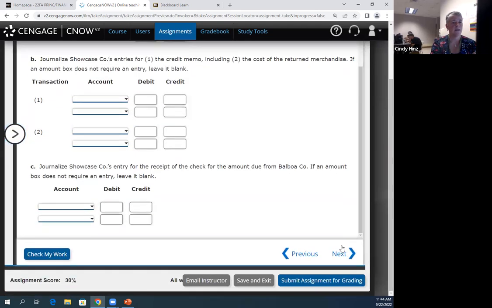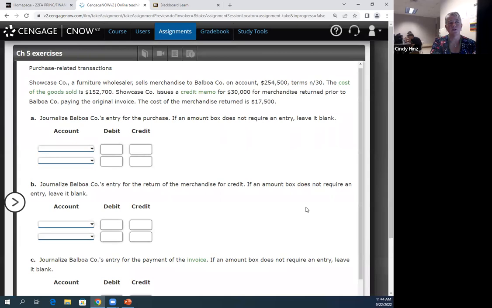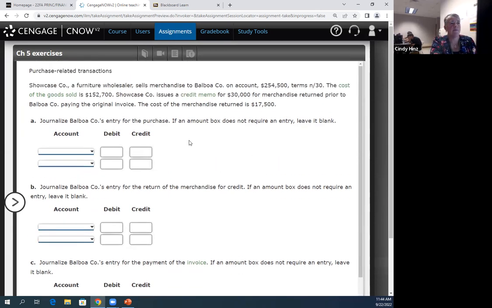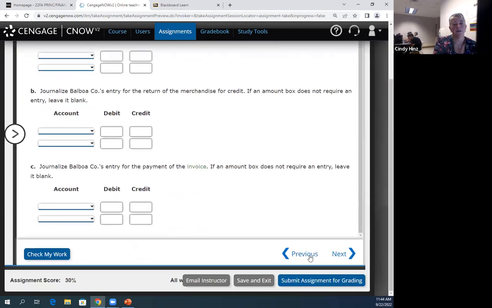In the next exercise, we are going to look at these same transactions, but from the opposite side. Okay, so in exercise 5, we're looking at sales related transactions when we are the seller. When we come back on Tuesday, we'll look at the same transactions, but from the buyer side, the purchase related transactions.